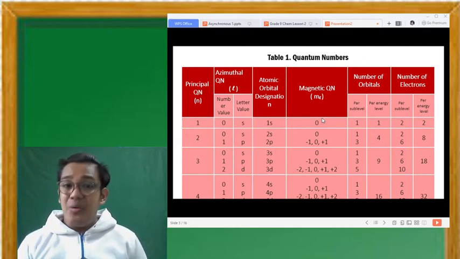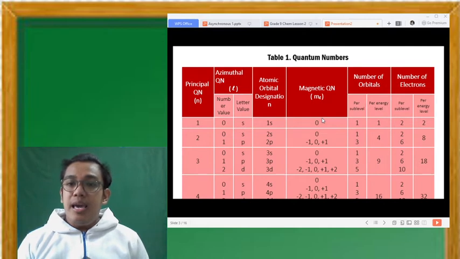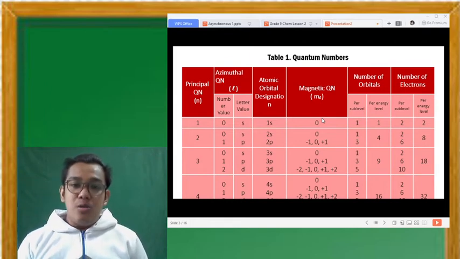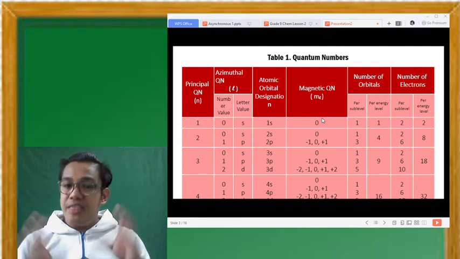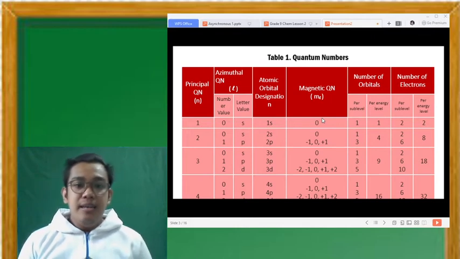We have the atomic orbital designations and magnetic quantum number, and also the number of orbitals and number of electrons. So we need to study also the table of elements, because all of this comes from the values of every element.